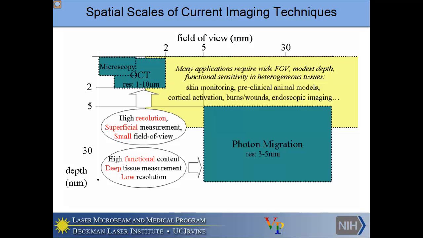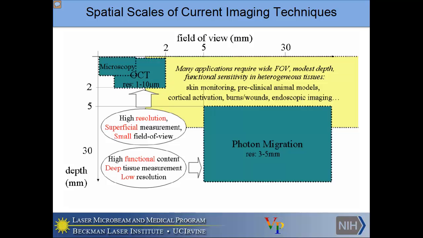And the map shows you what the properties are as you go in this direction. So you get higher resolution, but more superficial measurements with OCT, and you get a very small field of view, typically. If you want high functional content, if you're predicting optical properties, and you want a deeper tissue measurement, then you're in the high scattering to absorption region, and you'll use photon migration.